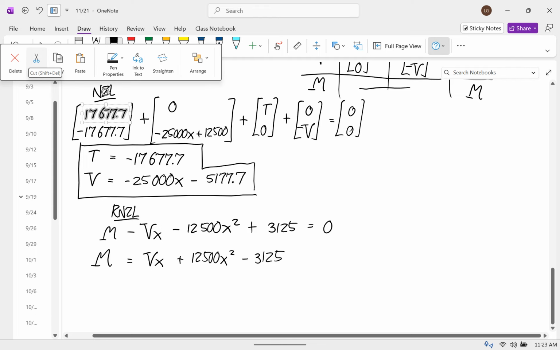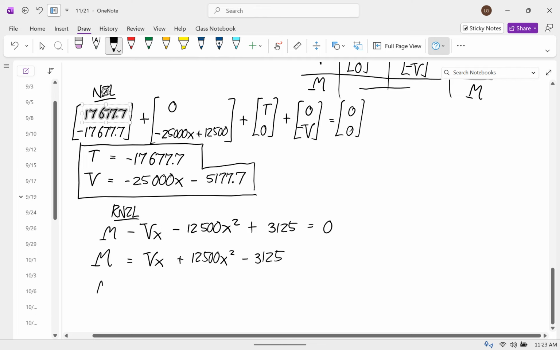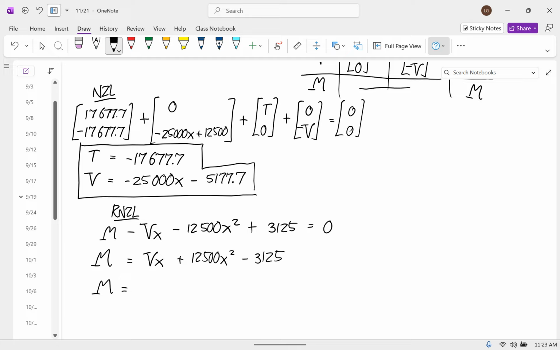Substitute in this function for V, and we have M is equal to negative 25,000 x times another x, x squared, minus 5177.7 times x plus 12,500 x squared minus 3125.